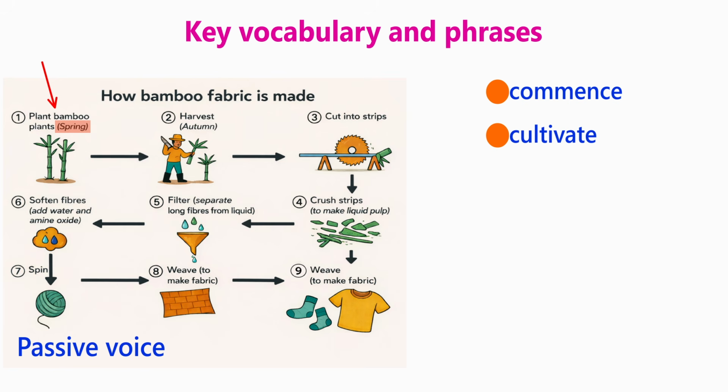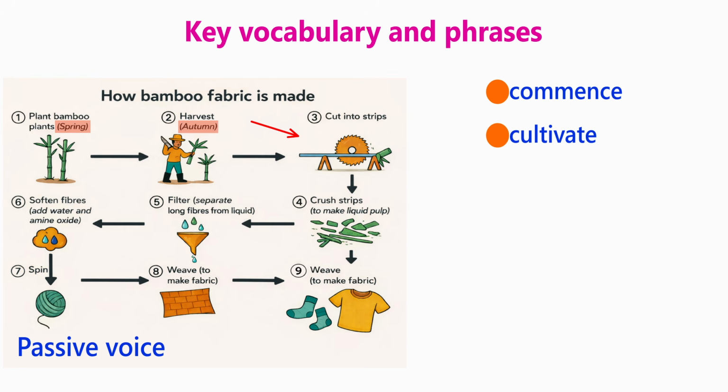Because we have to say that in spring these plants are cultivated, and the harvest time, or the verb is harvested, is autumn. So by autumn, those plants are harvested and they are cut into strips, all right?